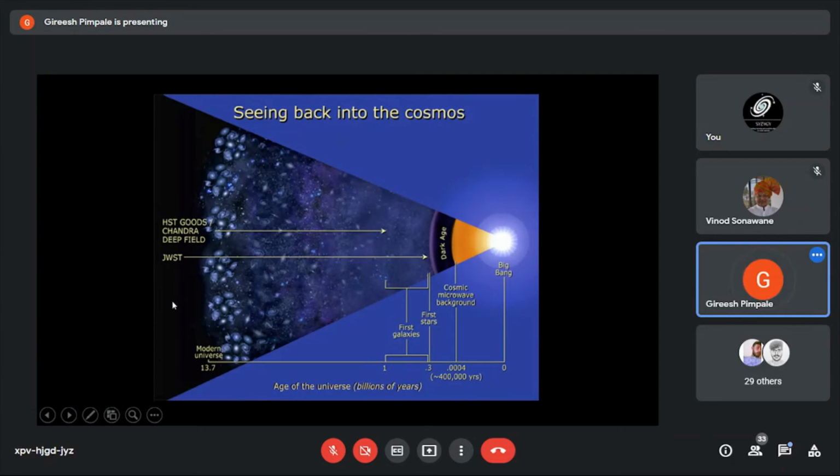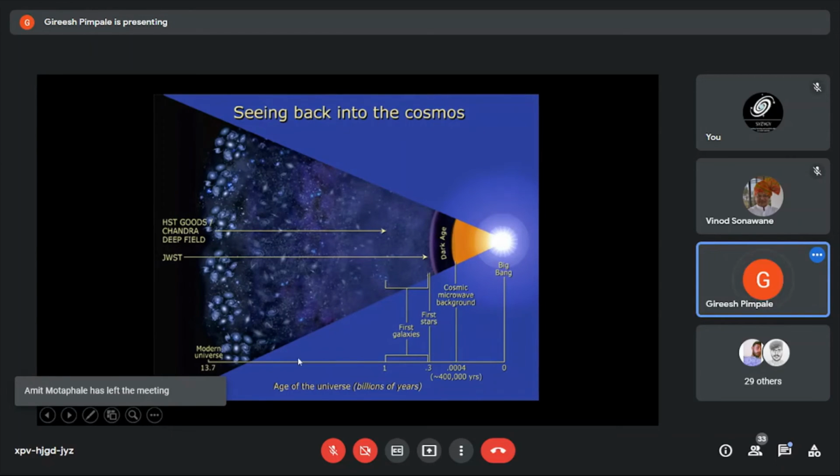And now see, what is plotted on this x-axis? It is age of the universe, plotted in billions of years. And how are those plotted?